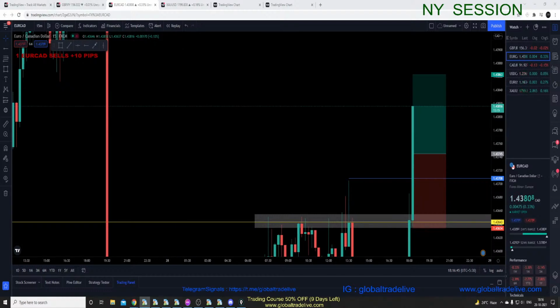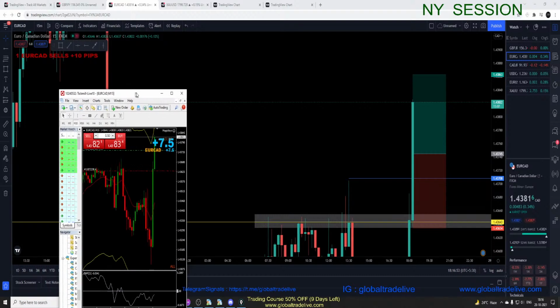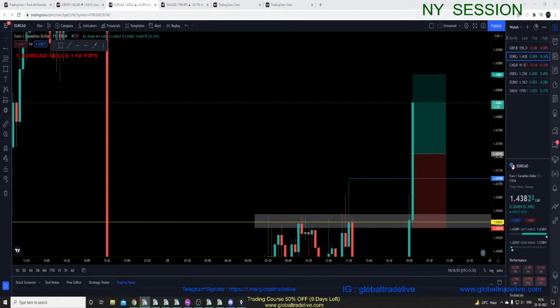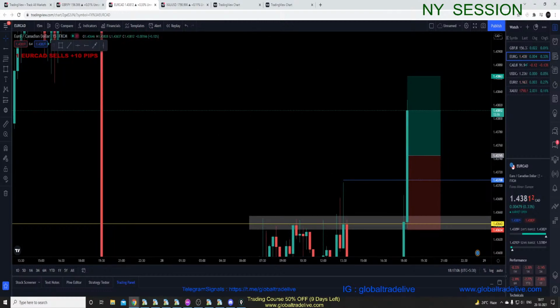Four pips running in profit, 7.4 pips, 8 pips running in profit right now. Look, 7 pips running in profit. So if it comes back to the entry point, I'm gonna close half. Let me check the magic keys again. Yeah, it's working perfectly fine now.